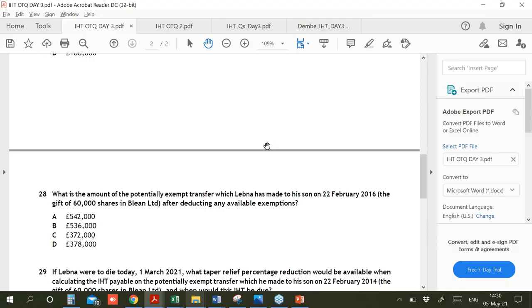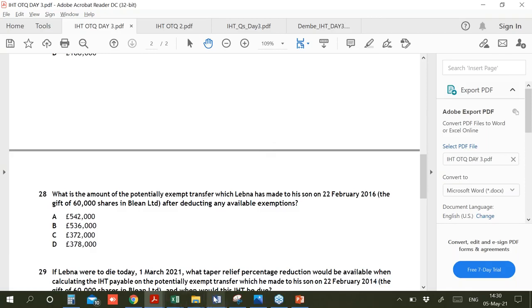the transfer of value, or the amount that should be used for the calculation of IHT purposes, cannot be calculated straightforwardly. However, what you have to do is see what is the decline in the wealth of the donor after making the transfer. So for that, you have to calculate the wealth before transfer and the wealth after transfer.